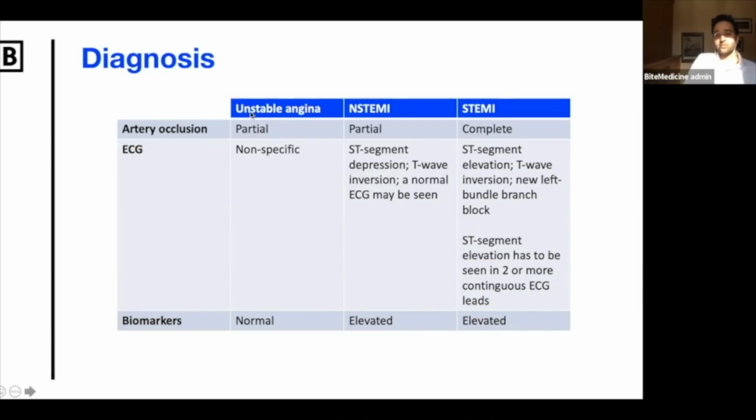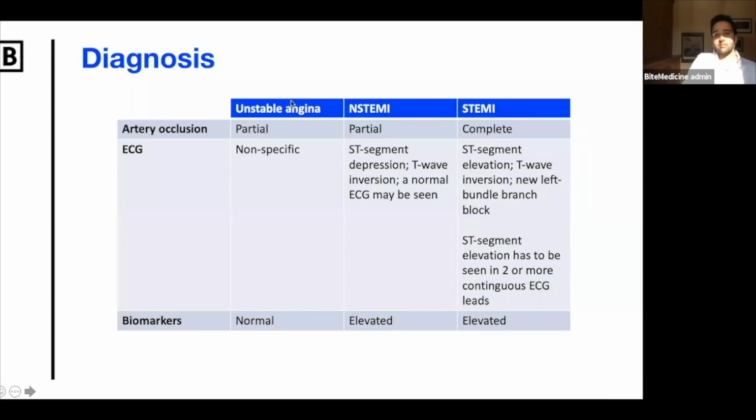They all present with that constant crushing chest pain radiating to your left arm, left shoulder, and you're feeling sweaty. Stable angina normally occurs on exertion, unstable angina occurs at rest. That's the main differentiation between stable and unstable. But stable angina is not part of ACS.